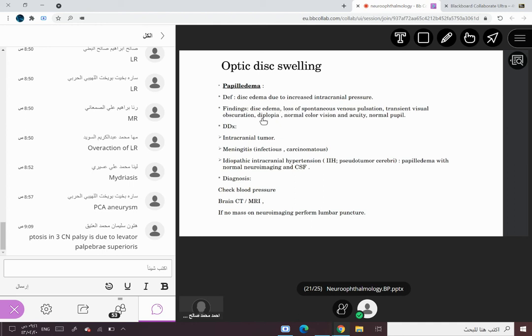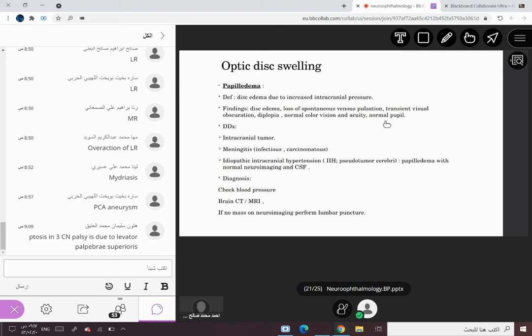So these patients will have disc edema, loss of spontaneous venous pulsation, transient visual obscuration, diplopia. These patients will have normal color vision, visual acuity, and normal pupil.